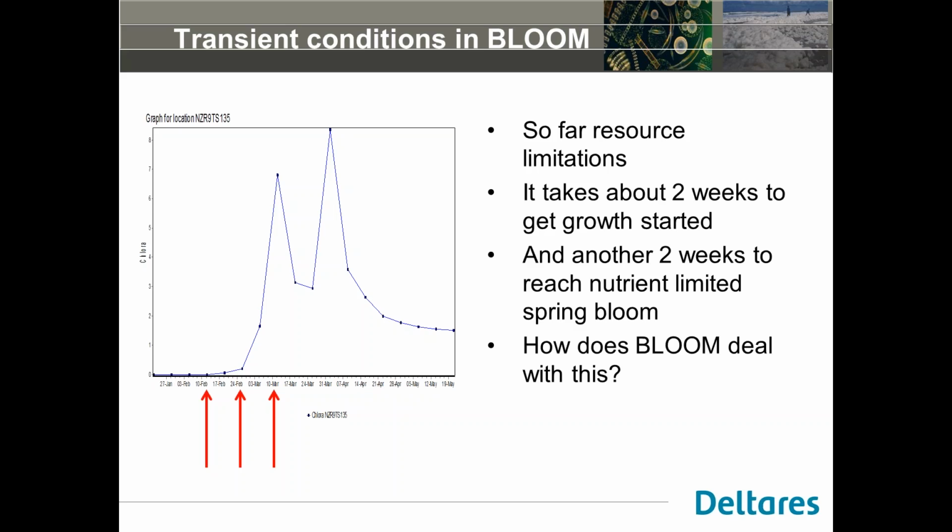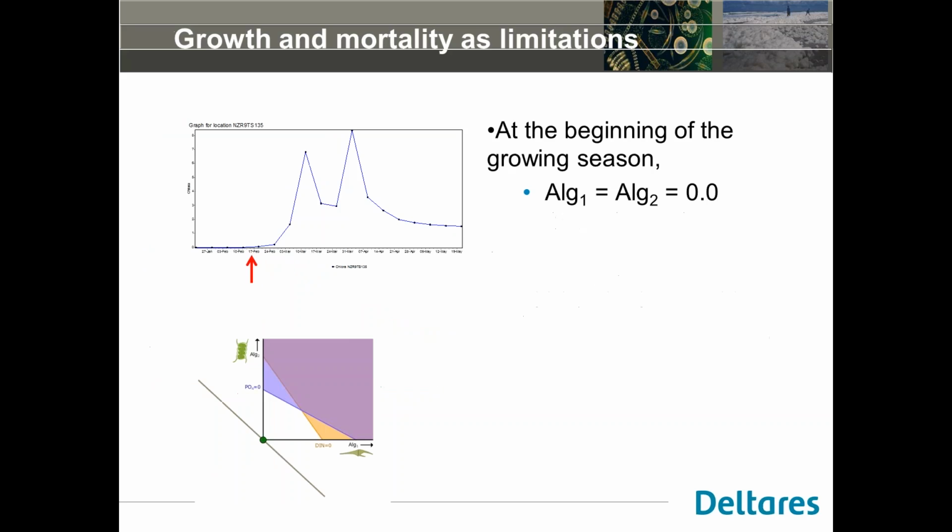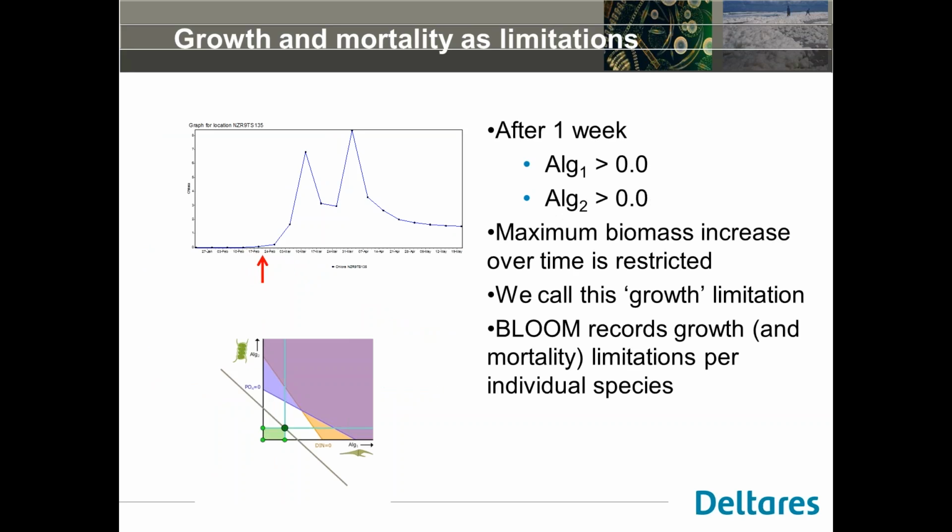So how does Bloom deal with this? At the beginning of the growing season, algal 1 and algal 2 are both 0. Then, after some time, say 1 week, both algae have a biomass which is larger than 0, but obviously they're not yet resource limited because it takes time to get into the resource limited condition.